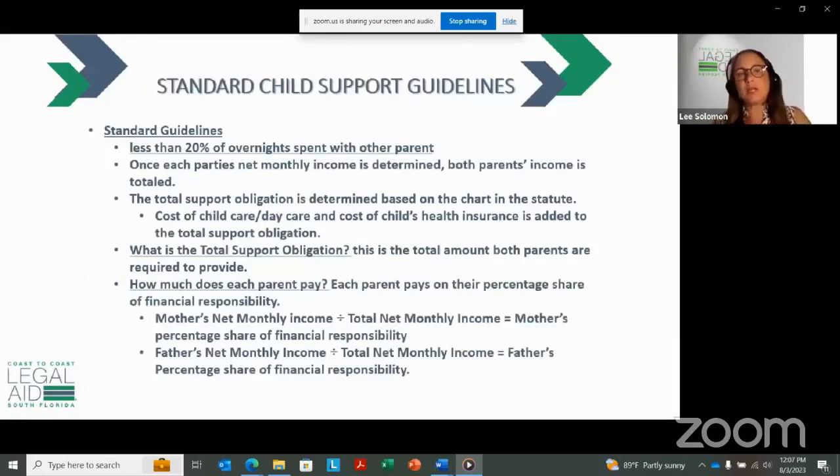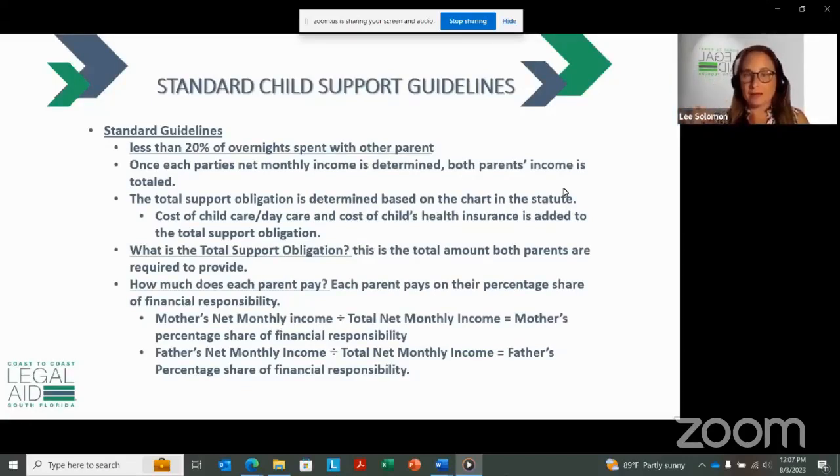So the standard guideline calculation. How do we figure it out? Once each party's net monthly income is determined, both of the parents' incomes are totaled, and that will allow you to see the total support obligation that is required for that child. Now, you would take their income and then use the chart, and it will tell you what the total support obligation is.